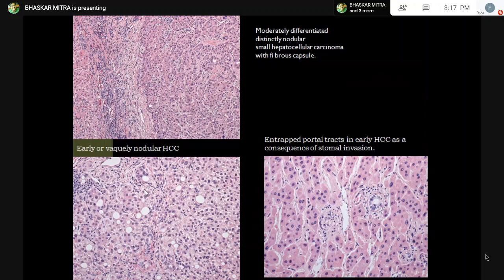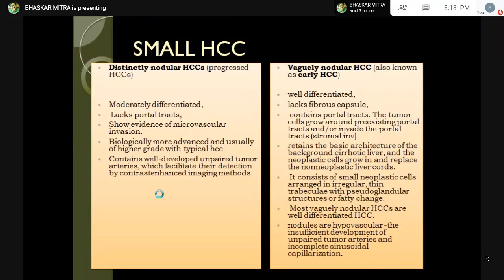Here the cells show more of a large cell change. They may show presence of portal tracts within this, and these may be entrapped portal tracts because they are encroaching, showing stromal invasion. So these are the two things, the vaguely nodular, also known as the early hepatocellular carcinoma, and the small cell progressed hepatocellular carcinoma. This can sometimes be difficult in differentiating from the others.